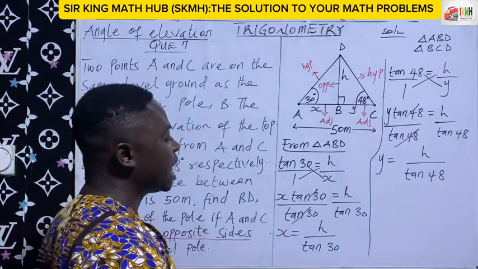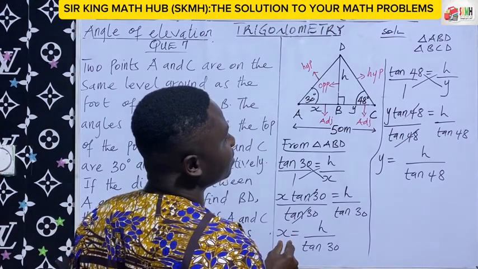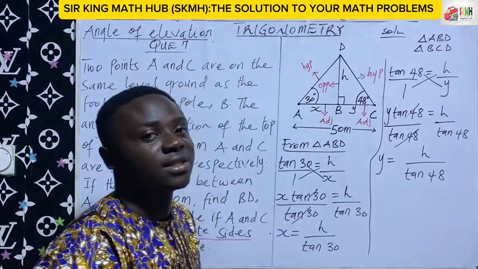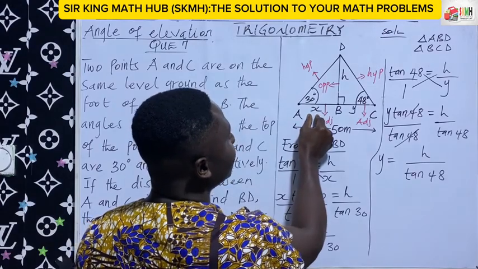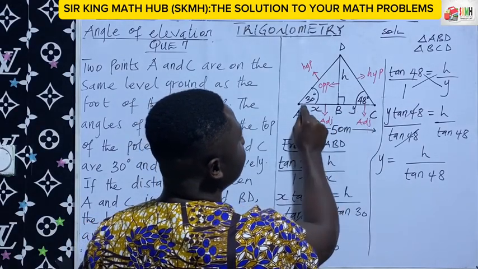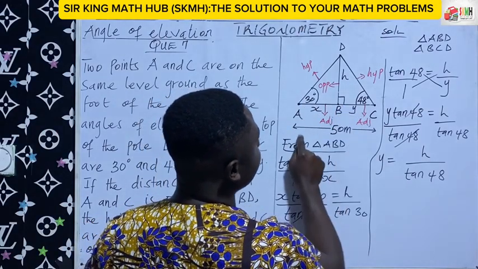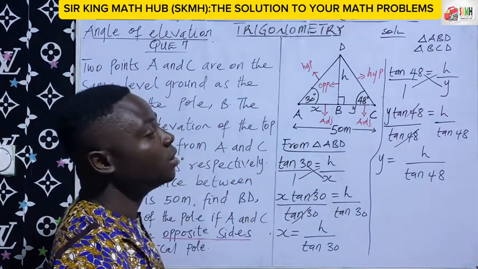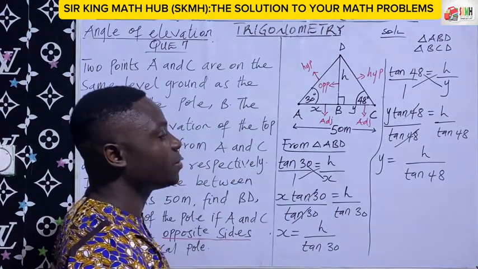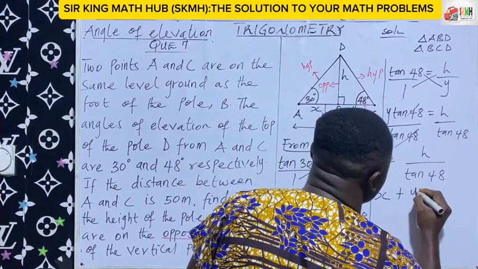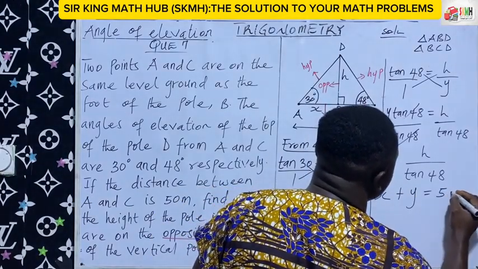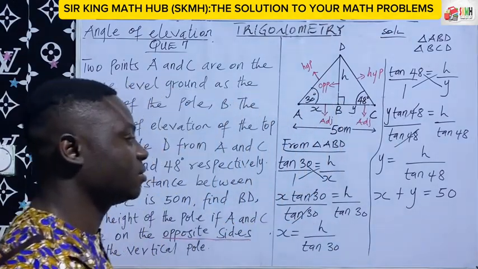Now, how does the distance x and the distance y relate? You could see that when you sum up the distance x and the distance y, that should be equal to 50 meters. So you should be able to set up an equation. The distance x plus the distance y must be equal to 50 meters.